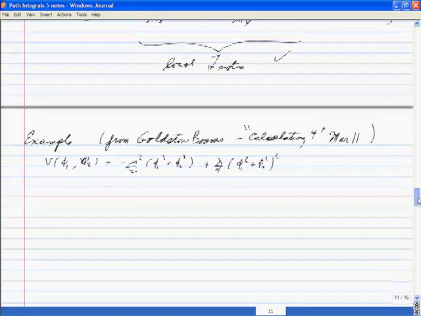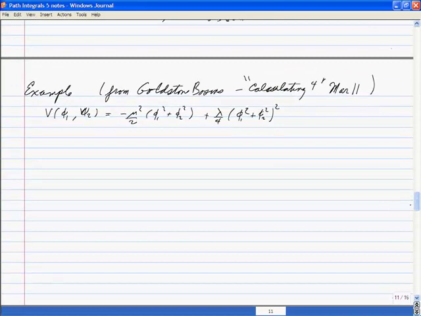And the ground state was, let's take phi 1 was v, the square root of mu squared over lambda.